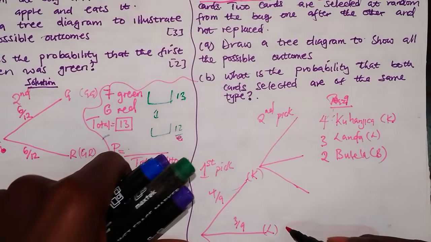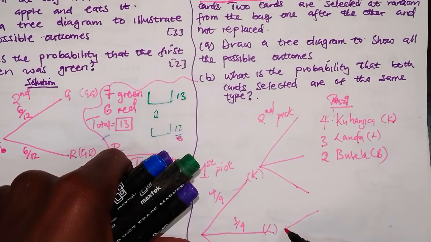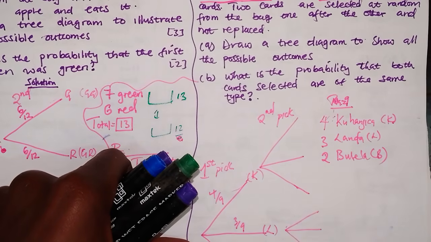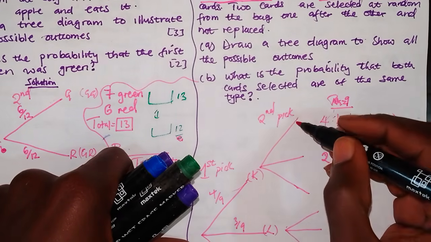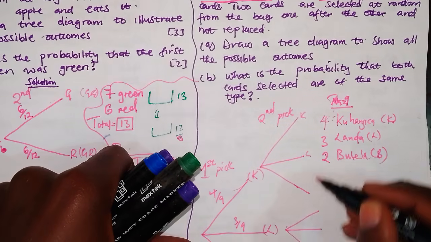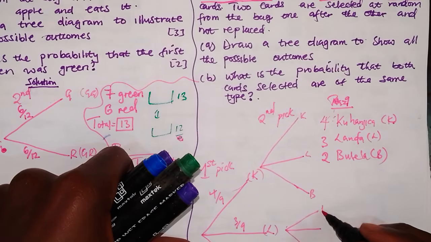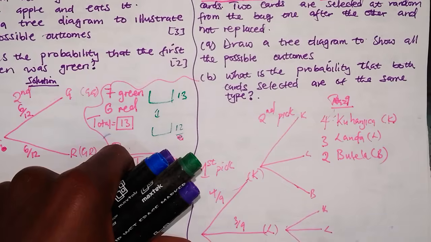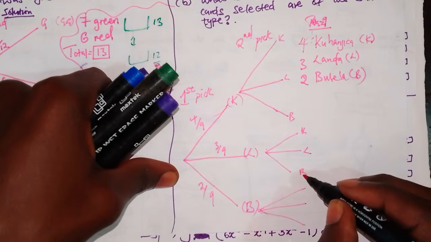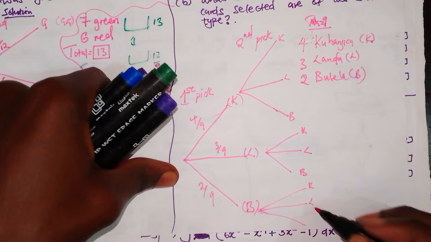Again, if he picked this one, what is the probability? If he picked this one, what is the probability of picking Kwanjika, Landa, Bulela? Again, you have Kwanjika, Landa, and Bulela.